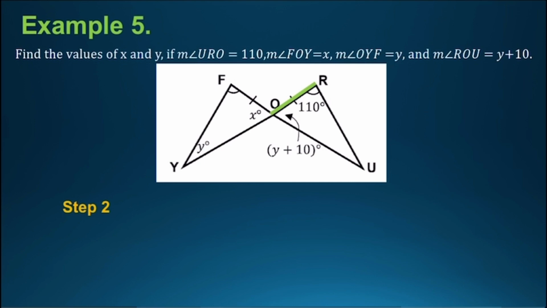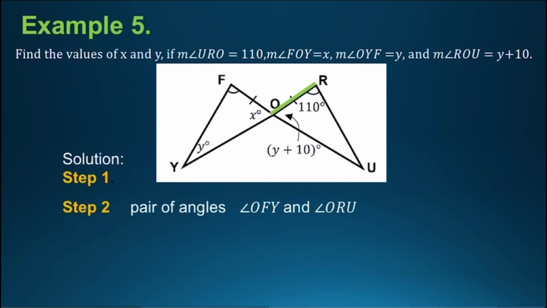For our step 2, looking at the markings, we can see that one pair of congruent angles is angle OFY and angle ORU, and our pair of congruent sides is line segment FO and line segment RO.